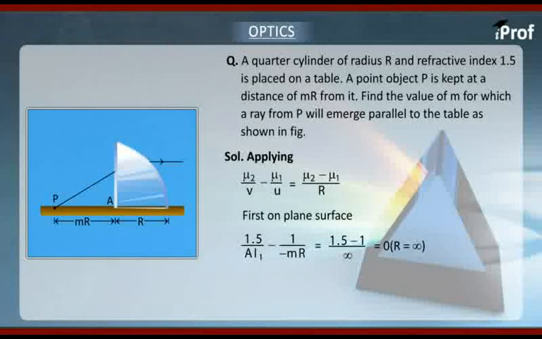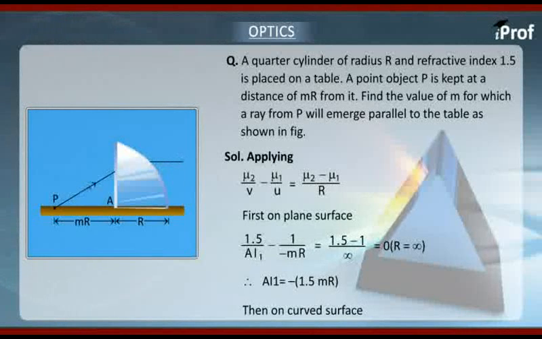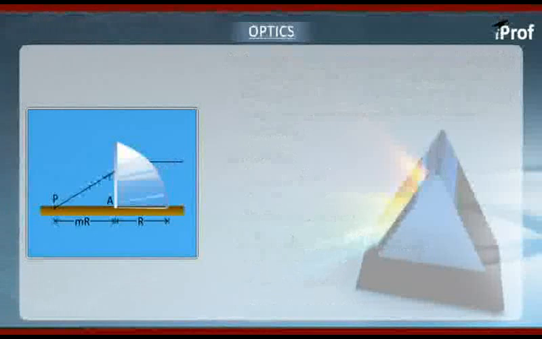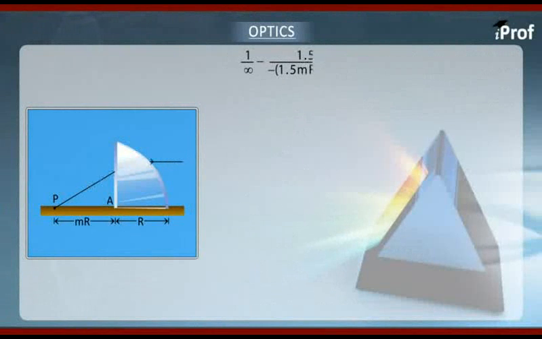Take care of u, it will be minus of bracket 3/2 mr plus r, and radius of curvature of the surface will be taken as negative. So making substitution we get 1 over v minus (minus (3/2 mr plus r)) is equal to (1 minus 3/2) divided by minus r.